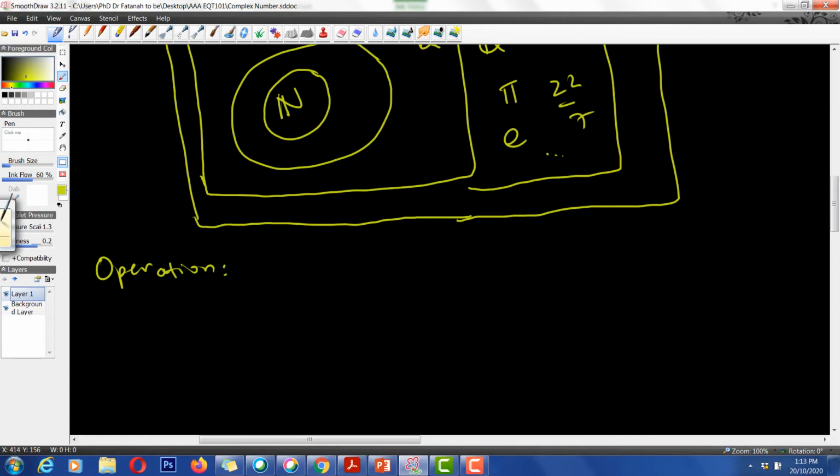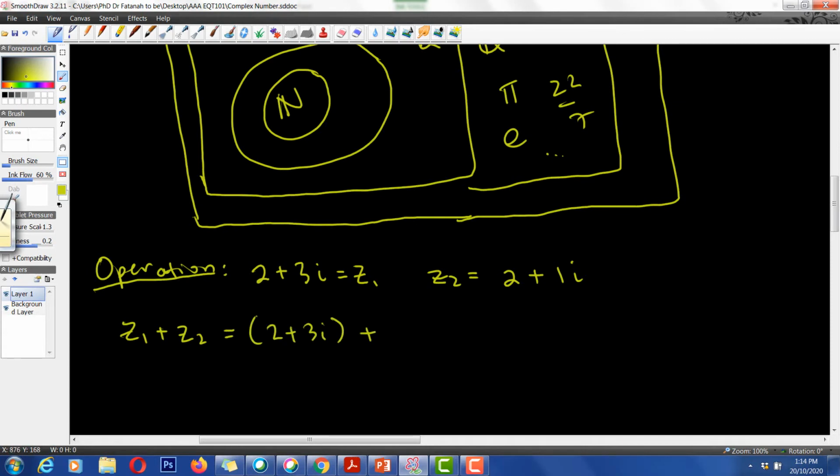So we have addition. We add two numbers. For example, we have 2 plus 3i, this is z1. And then we have z2 as 2 plus 1i. How to add? z1 plus z2, so we will have 2 plus 3i plus 2 plus 1i.